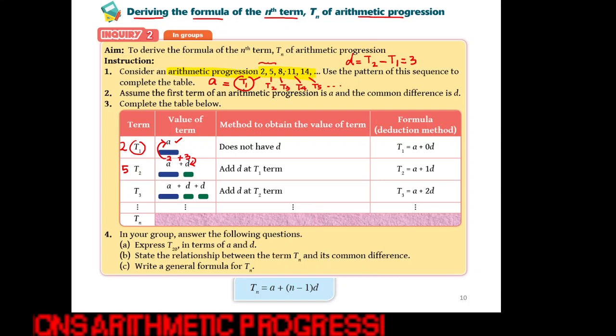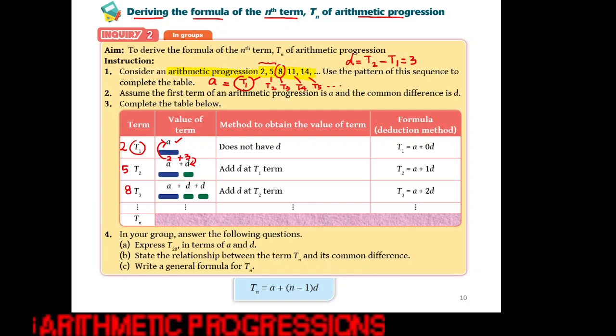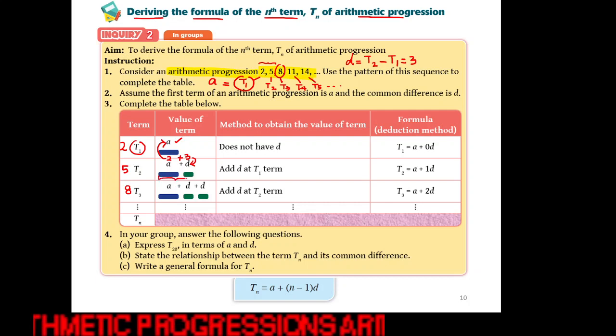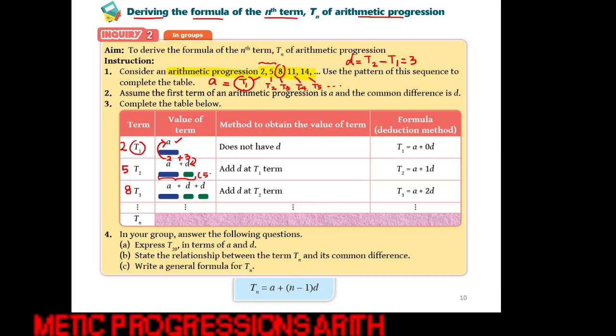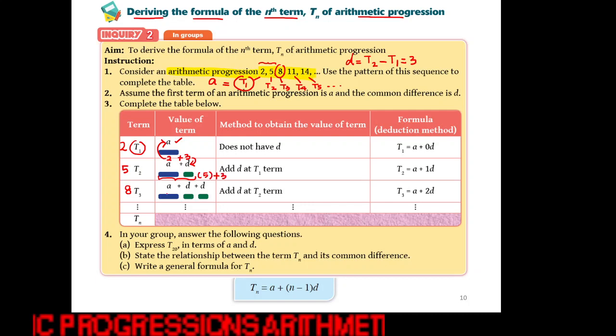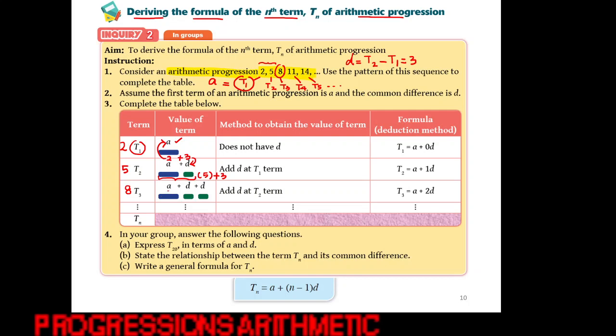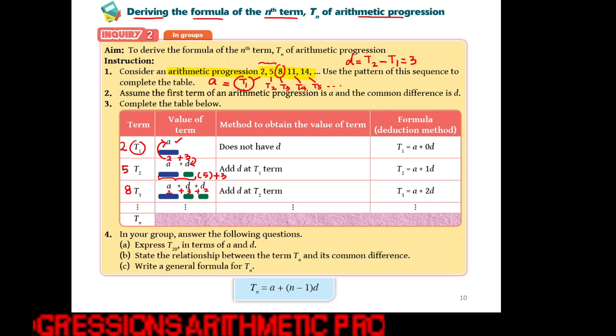Look at the third term here. The third term, we have an 8. So how do we obtain an 8? Actually, 8 is this 5 plus another 3. So this 5 is actually A plus D. 2 plus 3 plus 3.